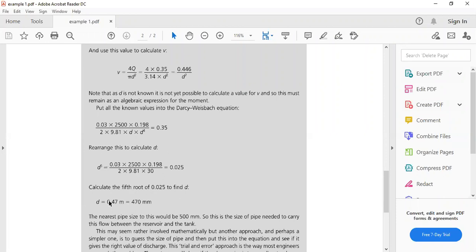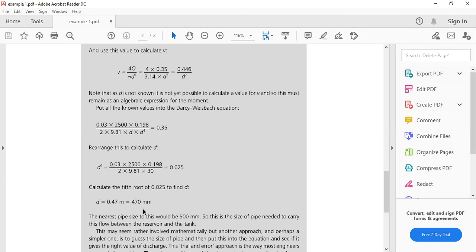But we know that for pipes, the diameter is just measured in millimeters. So in the end, you're going to have 470 millimeters, a 470 millimeter pipe. So for you to deliver water from that reservoir to that tank at that discharge, you should have a pipe that is 470 millimeters.